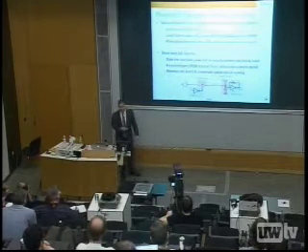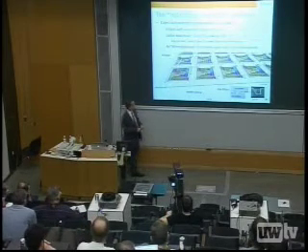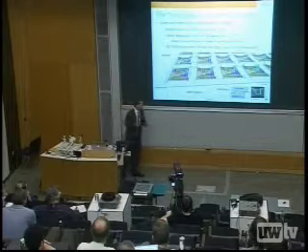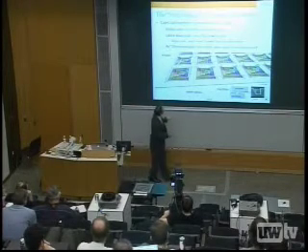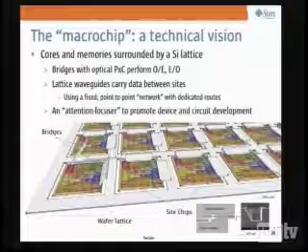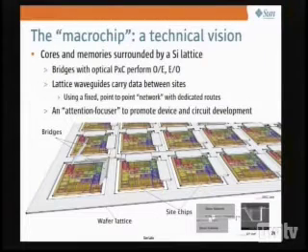So to do that, we have this idea of something we call, sort of tongue-in-cheek, a macro chip because it's bigger than a microchip. But if you think about what we have here, I've got a cartoon of multiple processors. Let's call them islands. Okay? And these could be processors, they could be DRAM, they could be whatever you want. And they're all face up, and they sit inside little holes etched into a silicon lattice plate that surrounds everything.